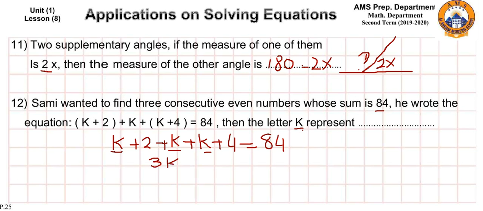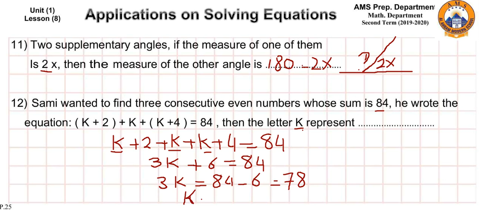We have 3k plus 6 equals 84. Now 3k equals 84 minus 6, which is 78. Finally, to find the k, we will divide 78 by 3, and this will be 26. So the value of k is 26. Is it clear?